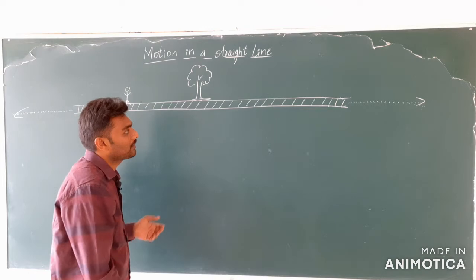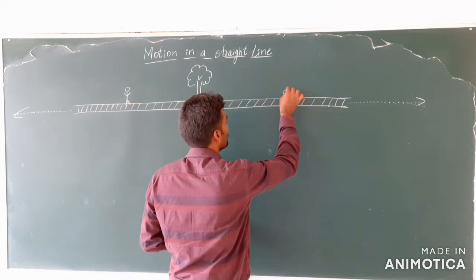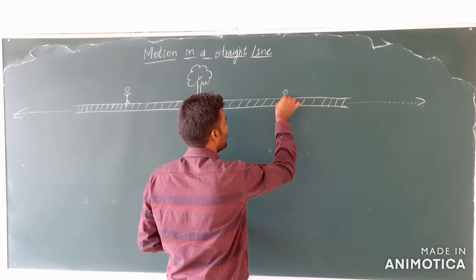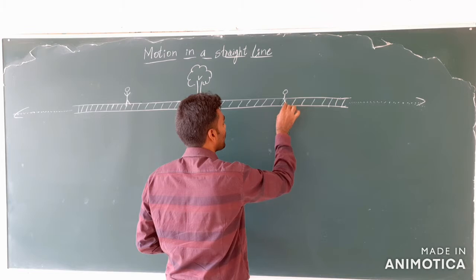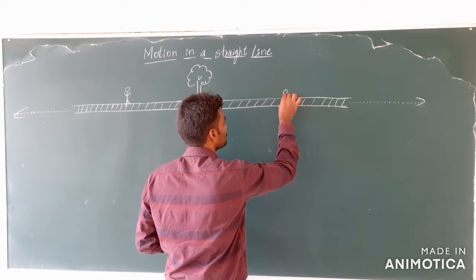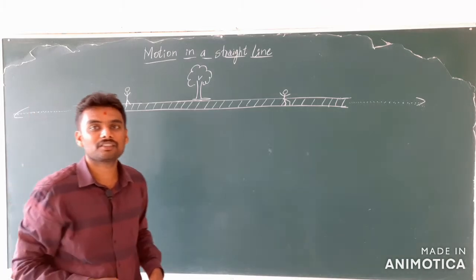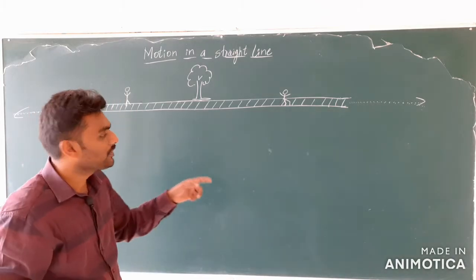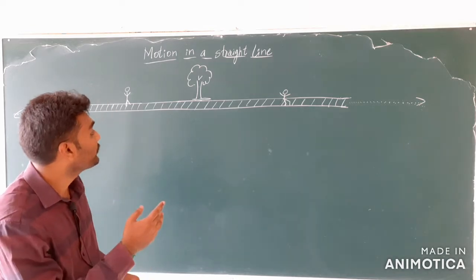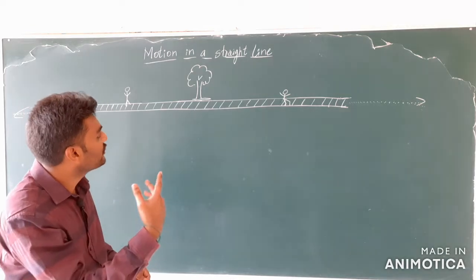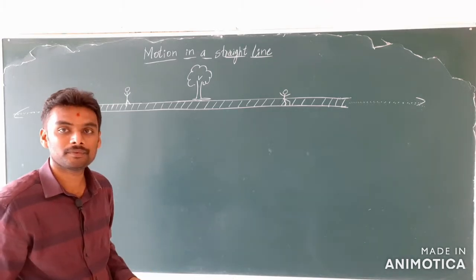In the next situation, the person might be sitting on the railway track, and if you are asked, where is the person now? You will respond by saying, the person might be 22 to 25 meters to the right of the tree, right?